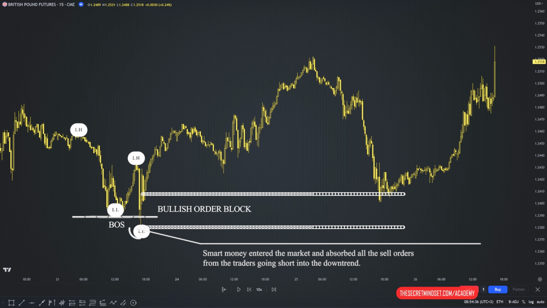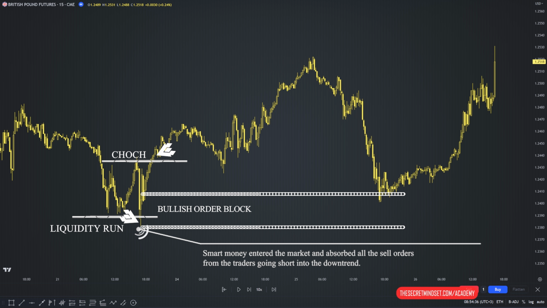When banks enter into their long trades, they consume all the sell orders coming into the market, and the price begins to increase, eventually breaking the swing high found at the top of the last move lower. So the previous break of structure was in fact a liquidity run, and this is the change of character.